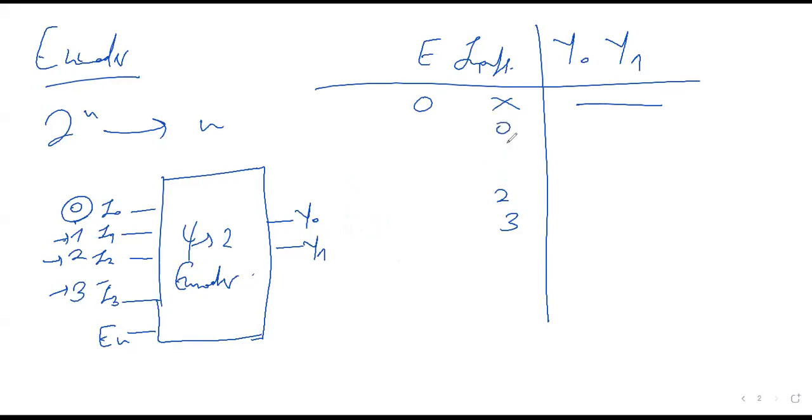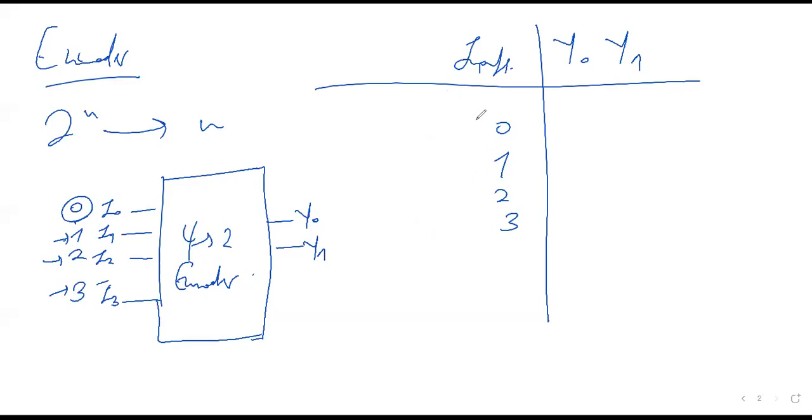Let's say it's already enabled. We're dealing with an encoder which is enabled already. Let's remove this because there's a lot of confusion. All right, there I have my inputs.